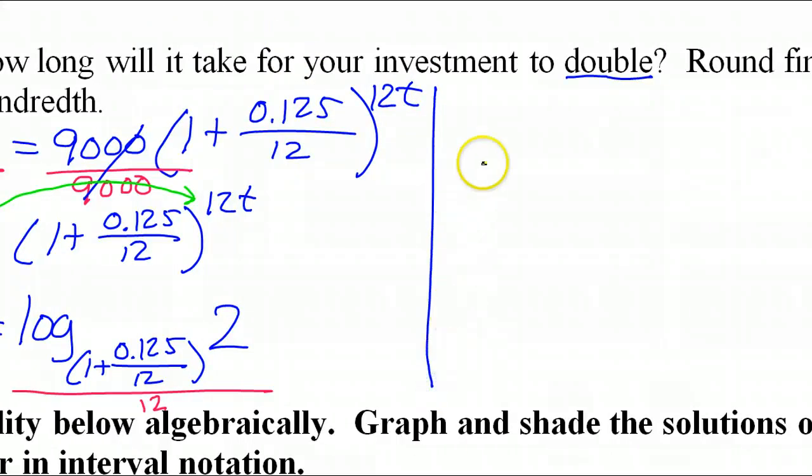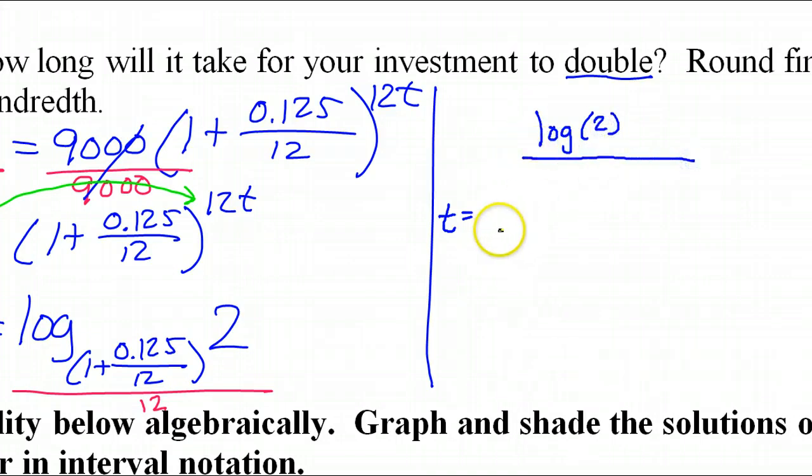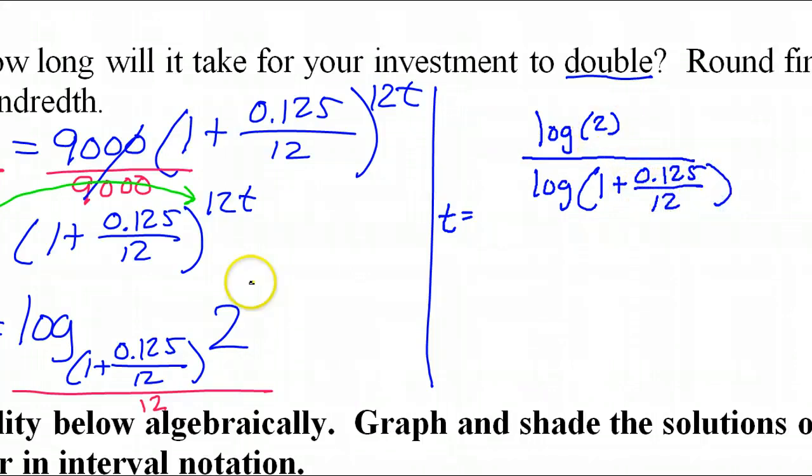Okay, so the t would equal, so change of base, I need to do log of 2 divided by log of this over 12. So I've got log of 2, over log of 1 plus 0.125 over 12. Alright, I've got log this divided by log that.